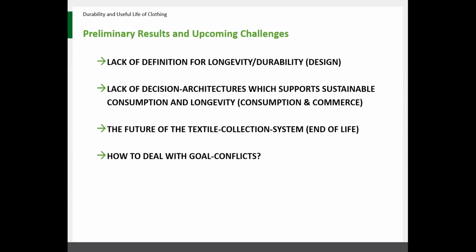At this moment, we identified these 4 aspects as crucial. This is the lack of definition for longevity and durability. It's the lack of decision architectures which support sustainable consumption and longevity. We have the question about the future of the textile collection system and the question of how to deal with goal conflicts.